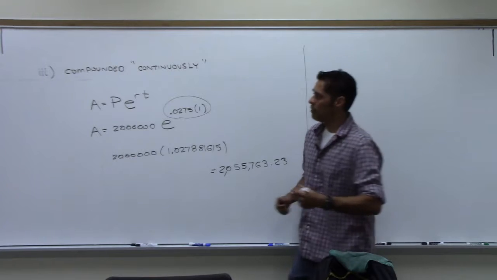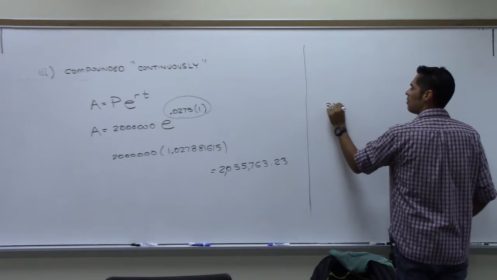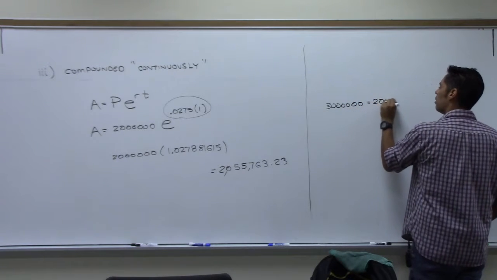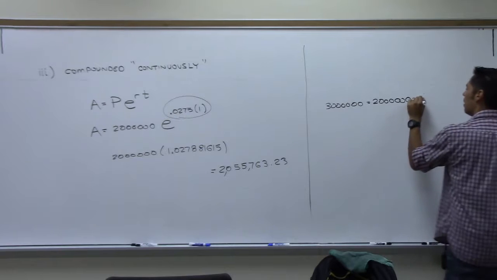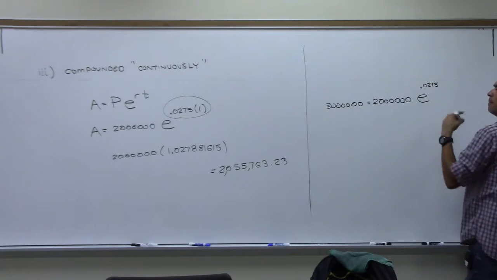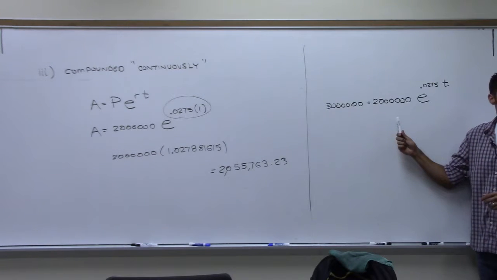The amount that we want at the end is 3 million. The amount that we put in initially is that much. The interest rate is 0.0275, but time is the thing that we want to know, right? The question becomes, how do you solve for t in an equation like this?